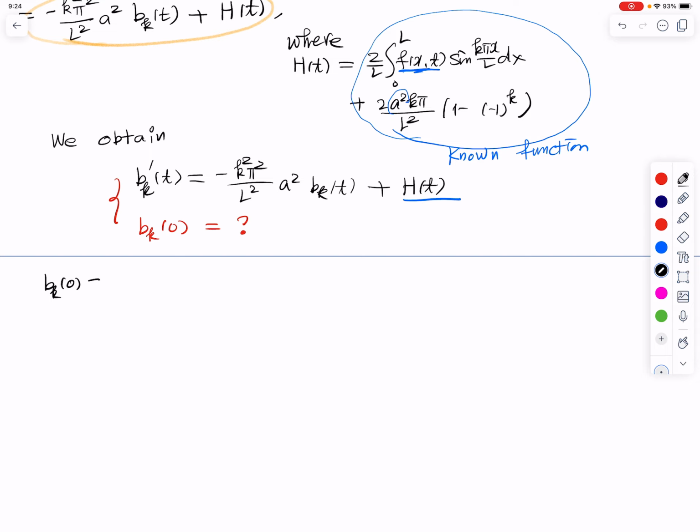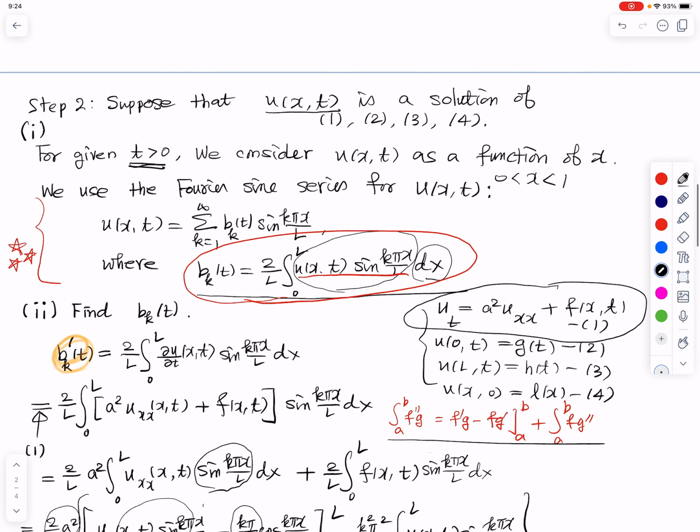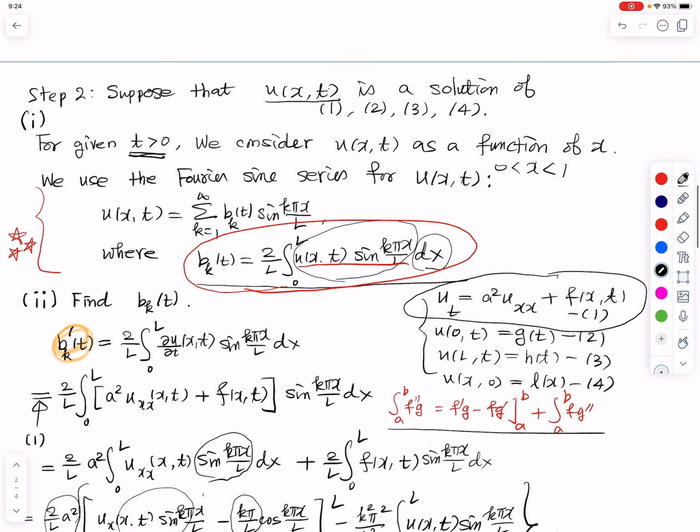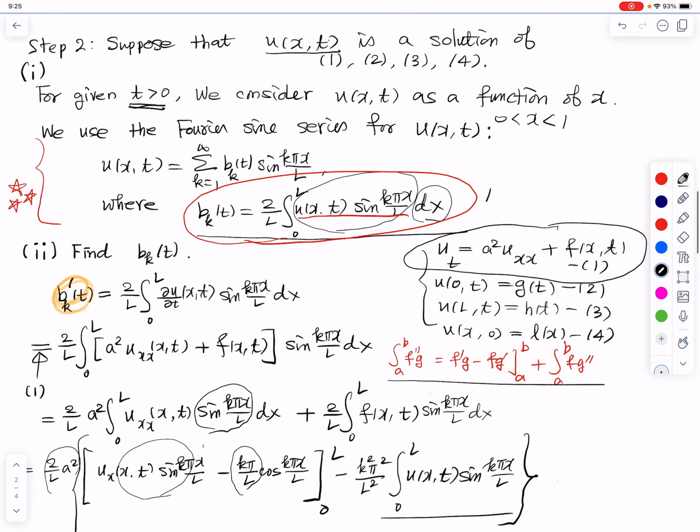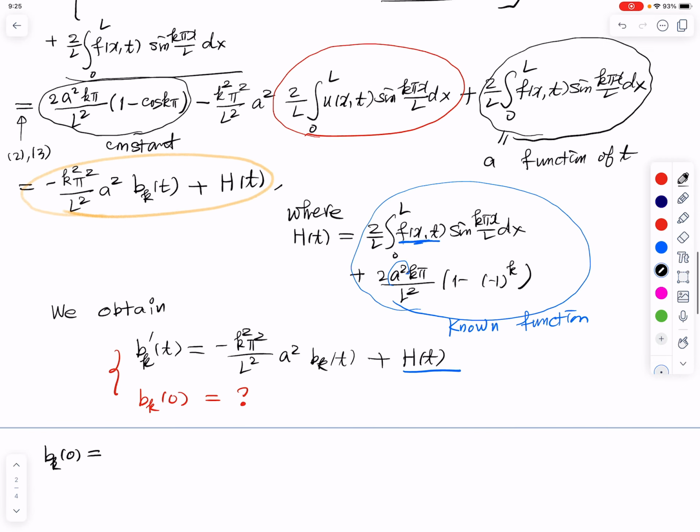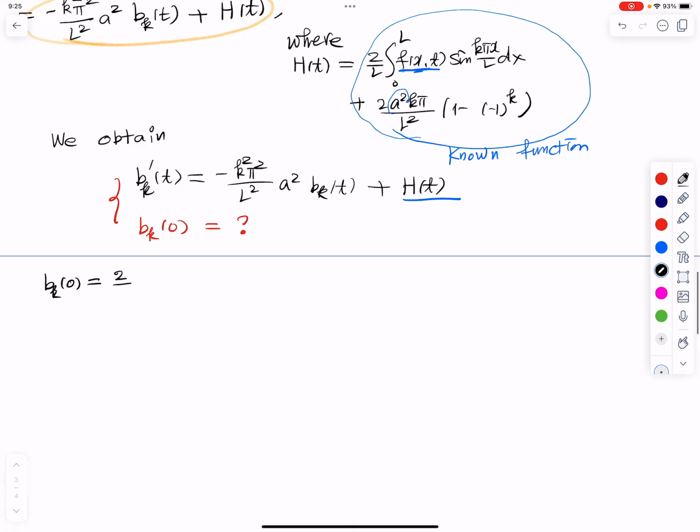What is bk(0)? Yeah, this is bk. You plug in 0, then you get 2 divided by L integral 0 to L u(x,0) sine k pi x divided by L dx.